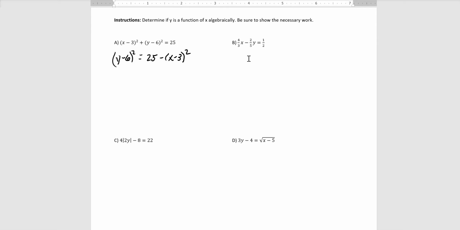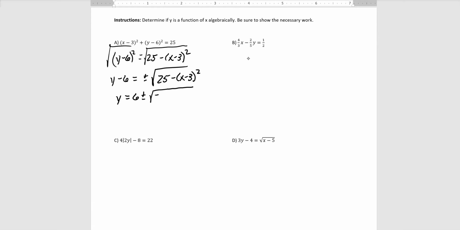Oh boy, and I can see right now we're in a tough spot. I have a square here, so to get rid of that I need to take the square root. Whenever I do a square root, remember I need a plus or minus. That's why I will say y minus 6 equals plus or minus the square root of 25 minus (x minus 3) squared. Then to get y all by itself, I just add 6. So y equals 6 plus or minus the square root of 25 minus (x minus 3) quantity squared.